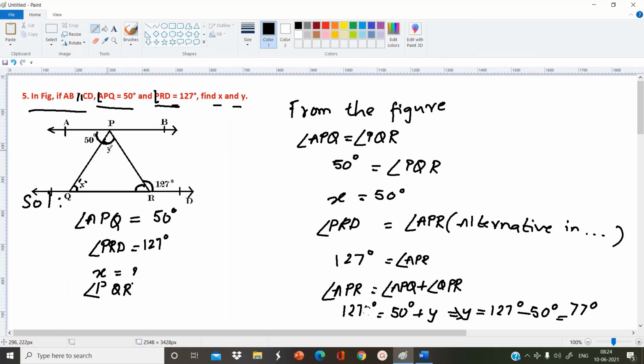From the alternate interior angles, we got the X value and Y value. How much X value we got? 50 degrees is the X value, and Y value we got here is 77 degrees. This is the answer.